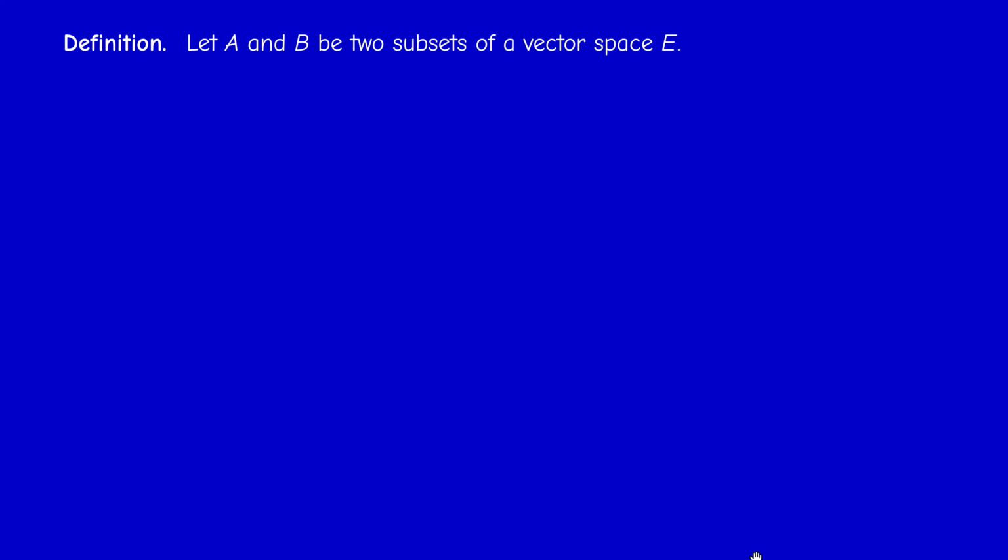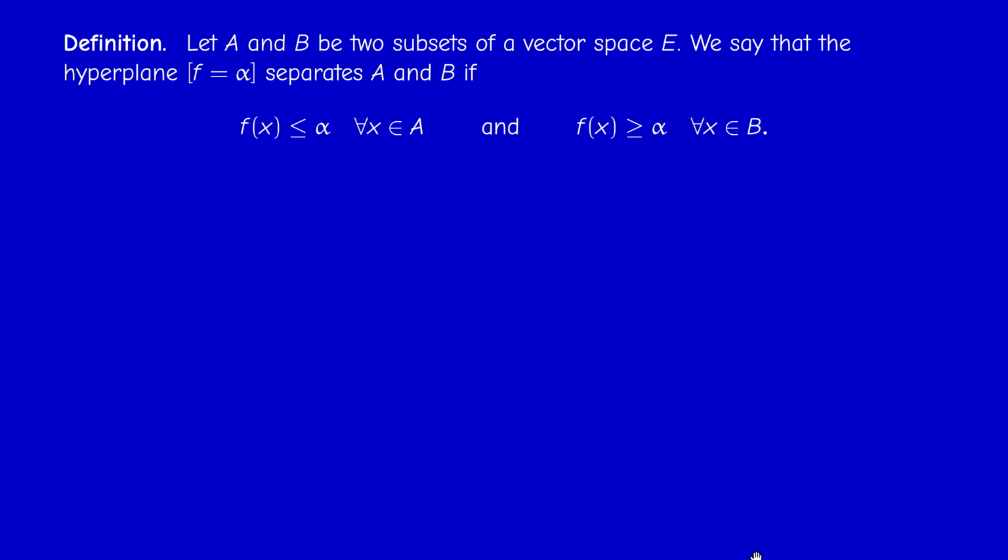And now, having said this, we can formulate our problem. So in general, we can give the definition of separation of two convex sets, or just two sets actually, because this is just a definition. In a very general context, if you have a vector space E and two subsets A and B of E, we don't assume that they are convex.